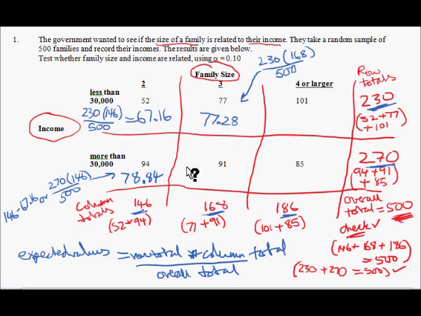So this one here has two ways. I have a couple ways to find it here, where the 91 is. Probably the easy way to do it is to take the 168 minus 77.28.